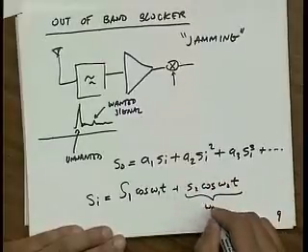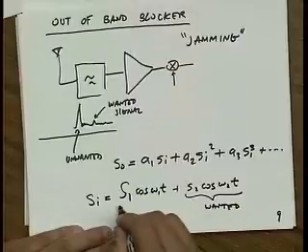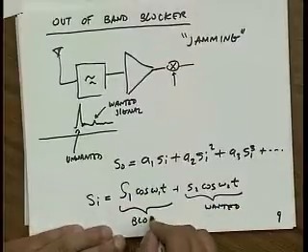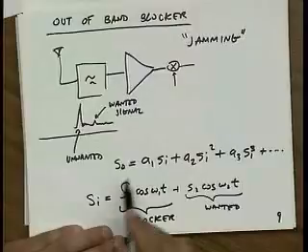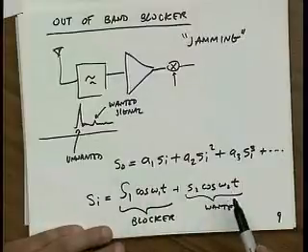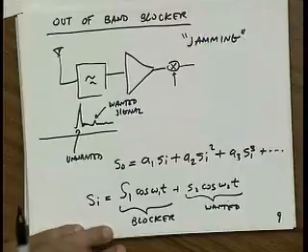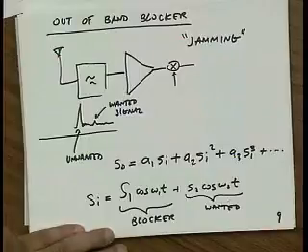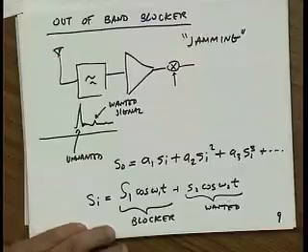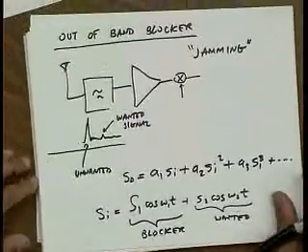So this is the wanted signal, and this is my blocker. Now keep in mind, this guy can be much, much larger than this guy. So for instance, this wanted signal might be minus 100 dBm. This blocker might be minus 60 dBm or minus 50 dBm. So 50 dB, or 5 orders of magnitude more powerful than the signal you're trying to detect. Okay?